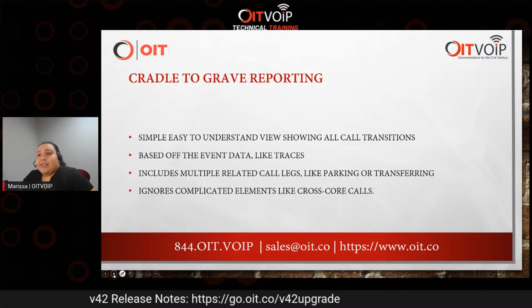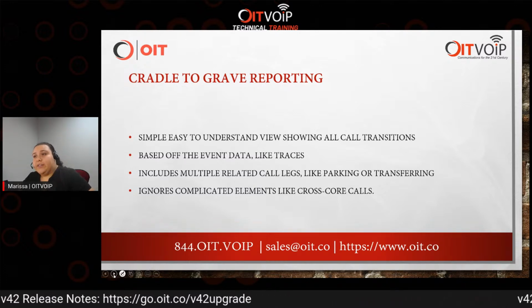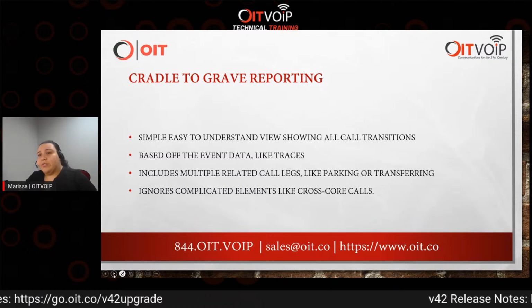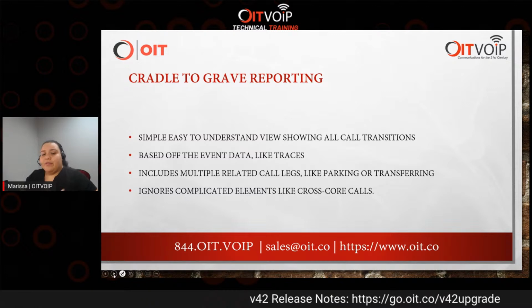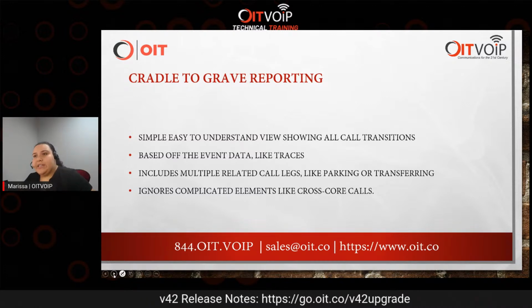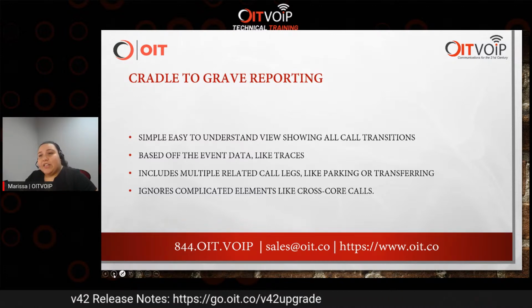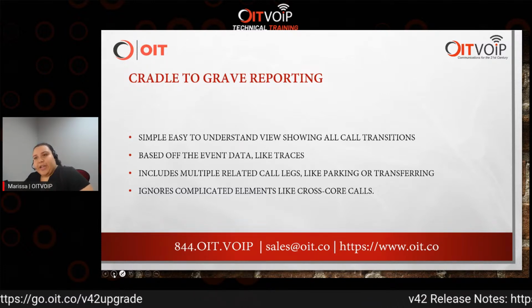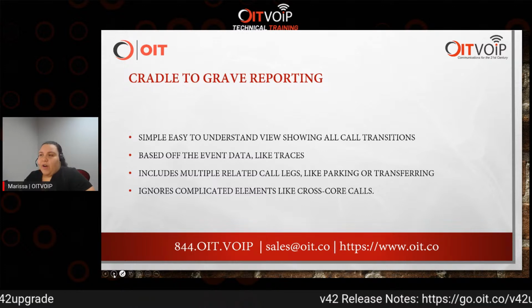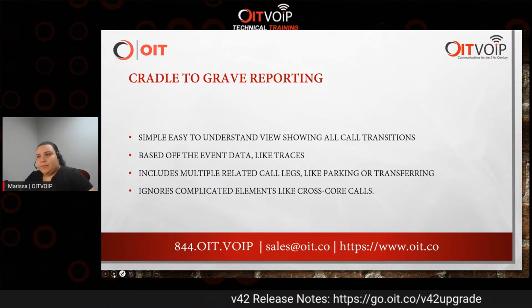But it also combines multiple related call legs. So when you're trying to figure out if someone was parked or transferred, or if there was a three-way conference or anything like that, all of that is in the cradle to grave reporting, and it's very easy and simple to understand, so you can follow the flow as easily as possible.